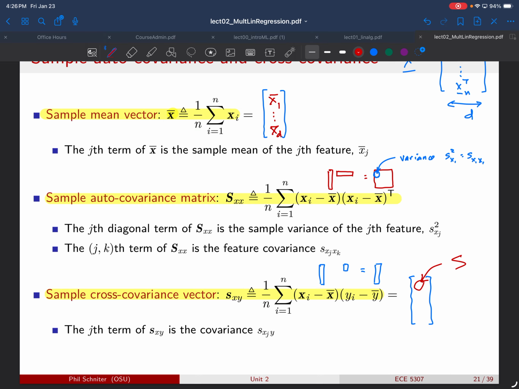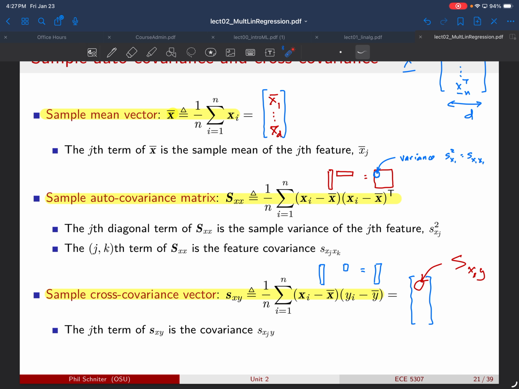Okay, so you're saying S subscript XY? Sorry, X1Y. Exactly. Here we're looking at the first feature and its covariance with the target. So that's what's in the first element here. And when you look at the jth element here, it's XjY. The jth term is the covariance of xj and y. Okay, good. Sounds like you guys are catching on.